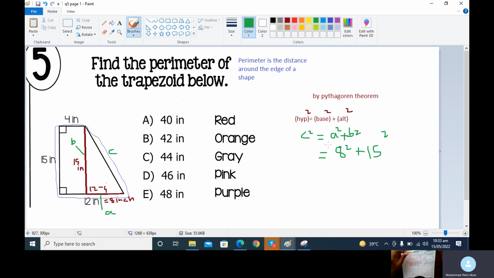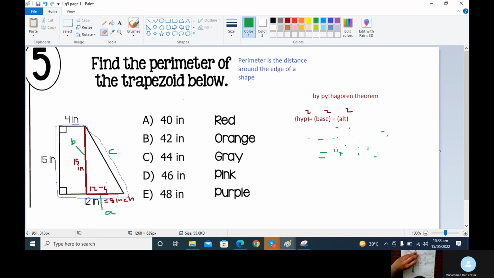This is the same question that we were doing previously. But it's the opposite, so then it confused me. The order does not matter. If you want to write base square plus altitude square is equal to hypotenuse square, it is fine. Let me write it as a square plus b square is equal to c square.